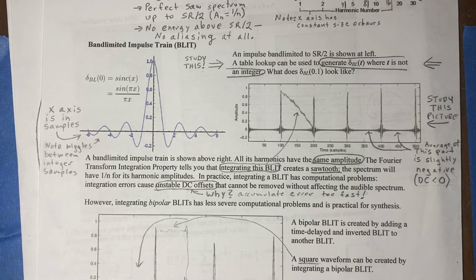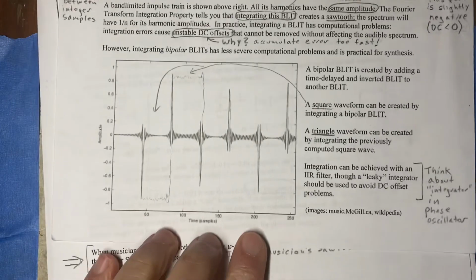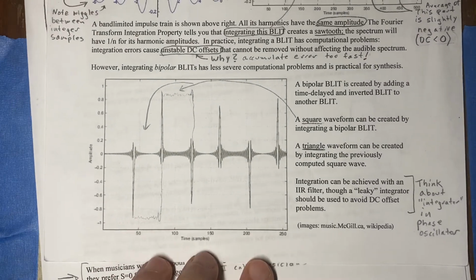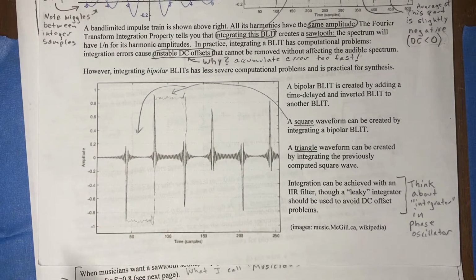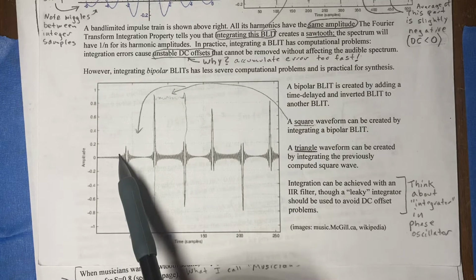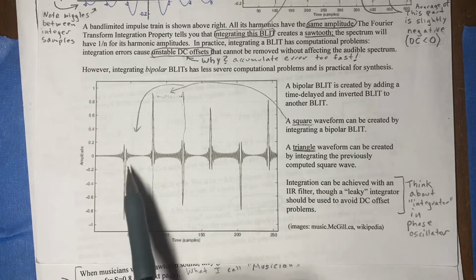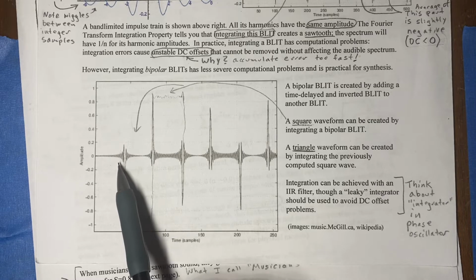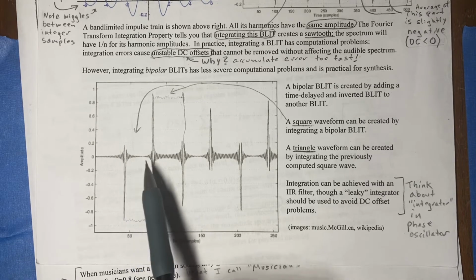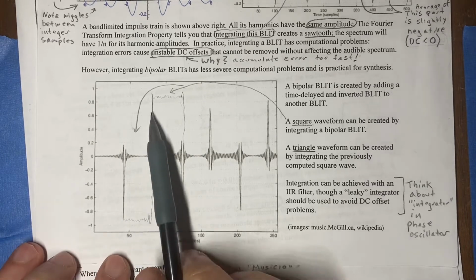There is something, though, that did work very well for me that people have talked about, and that's bipolar BLITs. So what is that? This is the same as this impulse train, except you have one that's negative. You can see here, there's a -1, there's -1. And then by 180 degrees phase, you have the positive version of it.